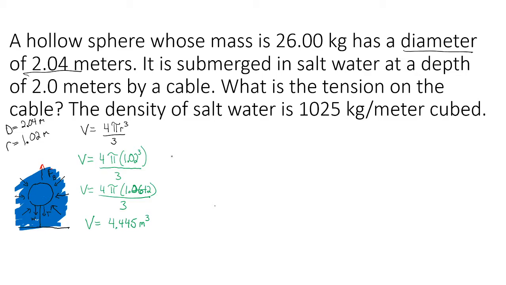Now, if we look at this, we can take the density of salt water. I've tried to be kind of nice to you this year, and I really stated exactly what I'm looking for. The density of salt water is 1,025 kilograms per meter cubed. And what I want to do is put into play Archimedes' principle.